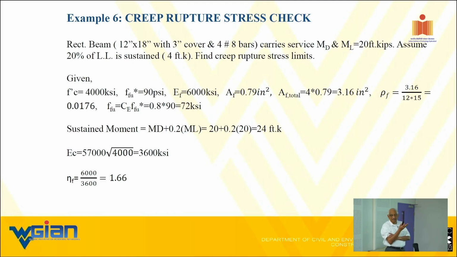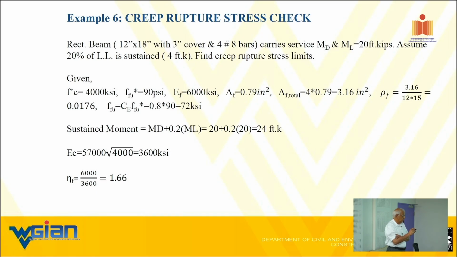These are just some numbers really illustrating the principle more than anything else. And assume that 20% of live load is the sustained value. So again, the drill is the same. Concrete modulus, we said that 100 times. The rho values, we know how to determine: area divided by the cross-section B times D. D is the effective value. 3 inches is the cover.